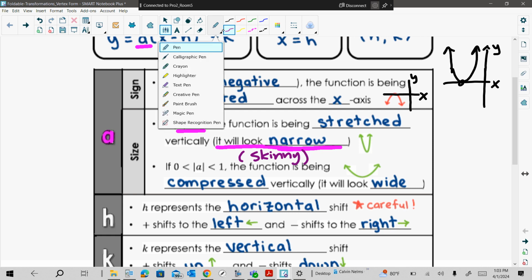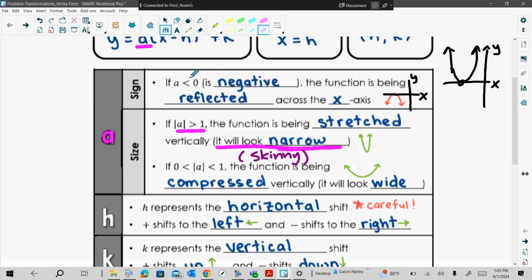Now, if the absolute value of A is between 0 and less than 1, I probably should underline right here, which is less than 1. This means a number between 0 and 1, like a fraction or a decimal. Who has an example of a number between 0 and 1? 0.25.